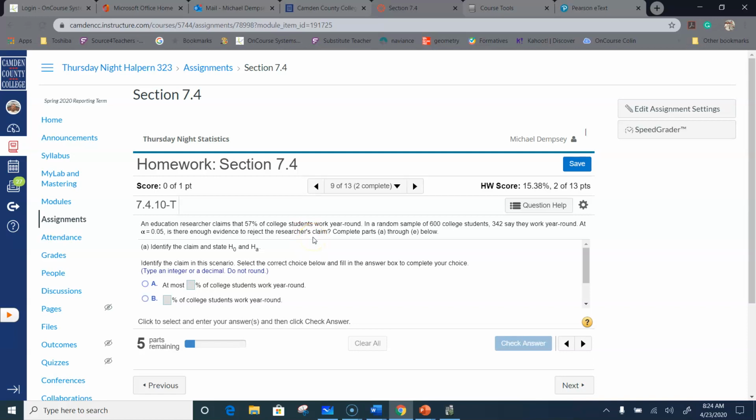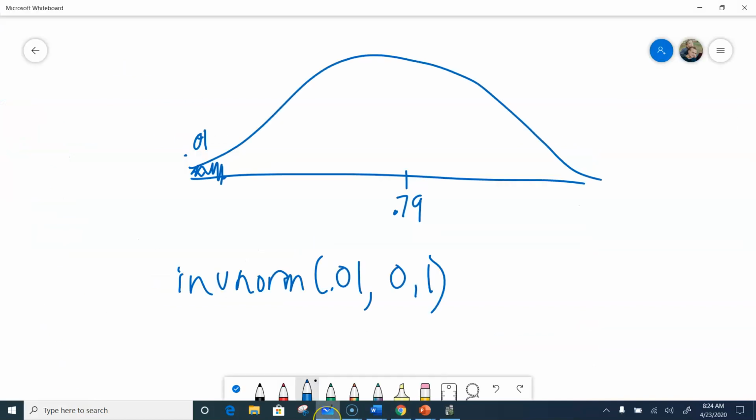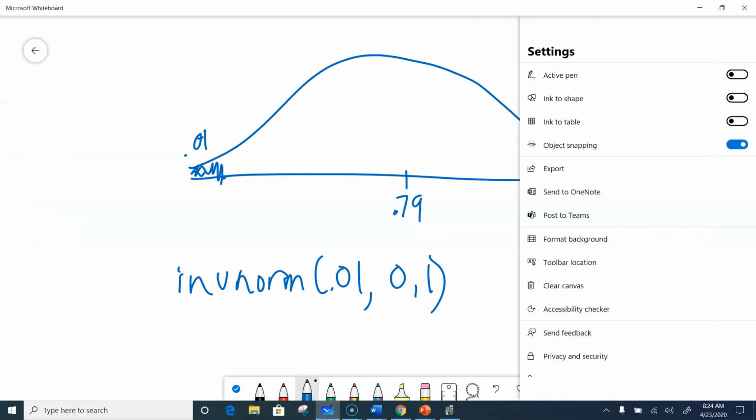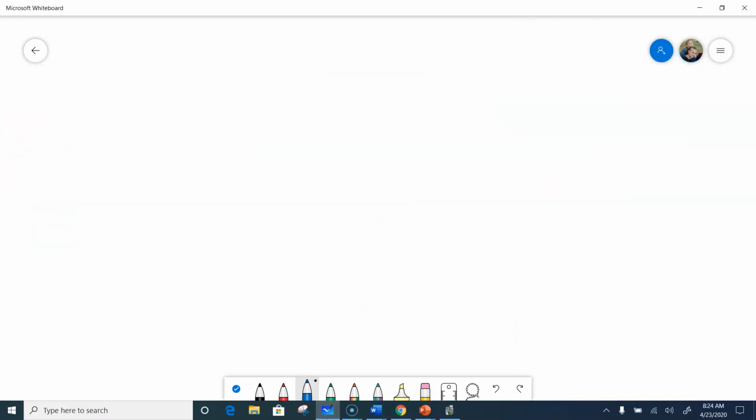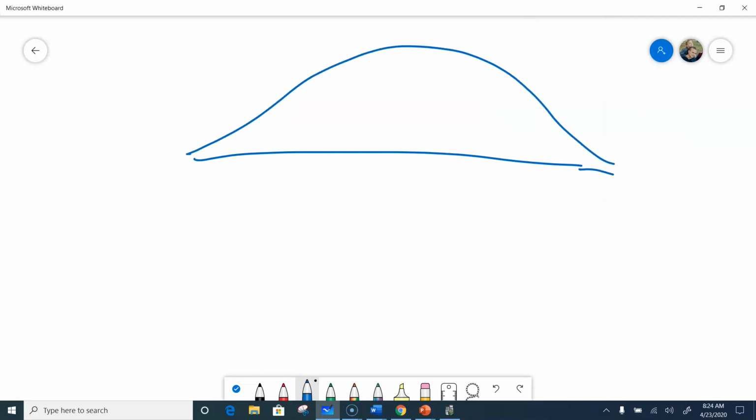So in order to reject his claim, we need a two-tailed test here. If it's a 5% significance level, I want you to keep in mind what we're dealing with now. He is just making a claim of equality. He's saying this is what it's equal to. So we're not investigating whether it's less than that claimed number, nor whether it's greater than. We just want to say it's different from.